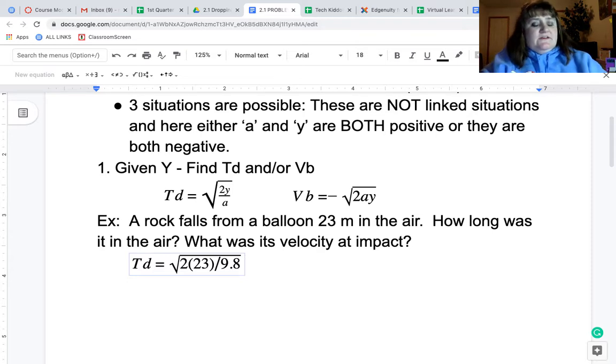Grabbing my calculator, typing it directly in, the square root of 2 times 23 divided by 9.8 equals 2.167 seconds. Units are important.